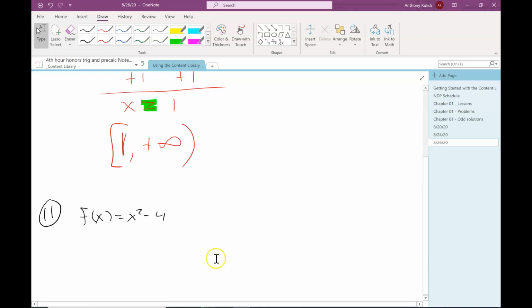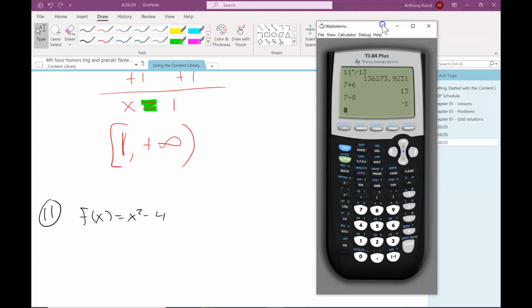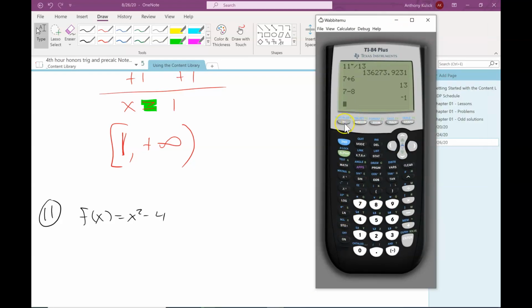Okay, so let's look at the graph of this. Hopefully my old emulator is going to open today. Oh, good. It did. So to graph something on our calculator, we go to the y equals menu. I'm going to clear out what I have in there and type in x squared minus 4.